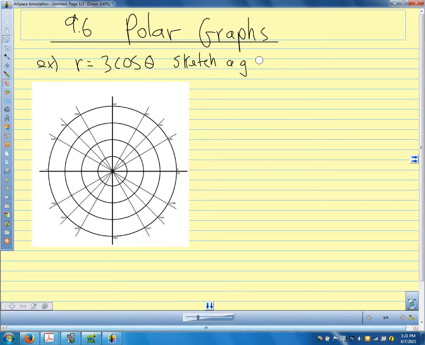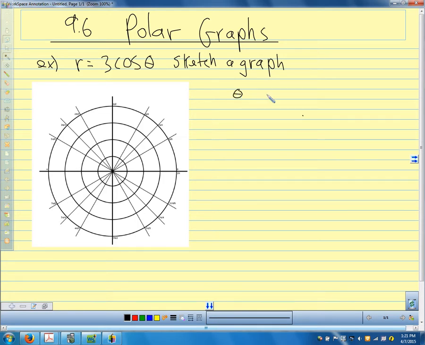So what I'm going to do is go back to probably the first way that any of us learned to graph anything, which is just make a table of values. I'm going to make a list for theta and r, and just plug in some numbers and calculate. I'm going to use my unit circle angles, and calculate in decimals for my radius so that I can plot points.